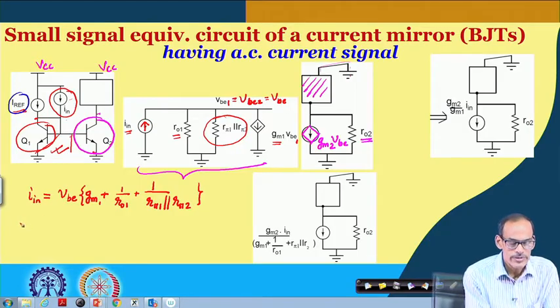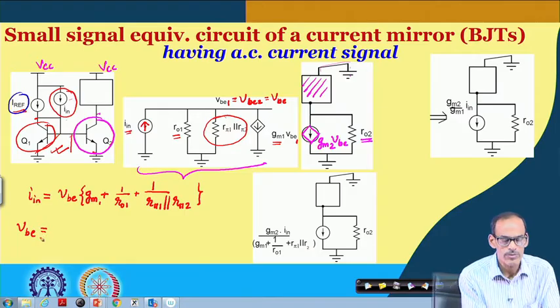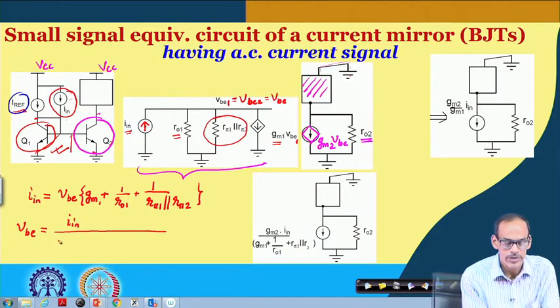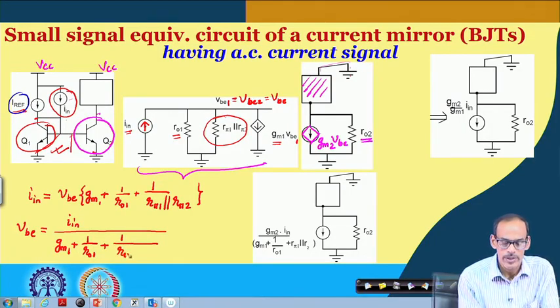From that you can see the expression of VBE, VB1 or VB2, that is equal to I in divided by GM1 plus 1 by RO1 plus 1 by R pi 1 in parallel with R pi 2.